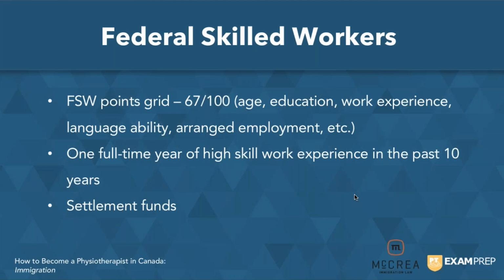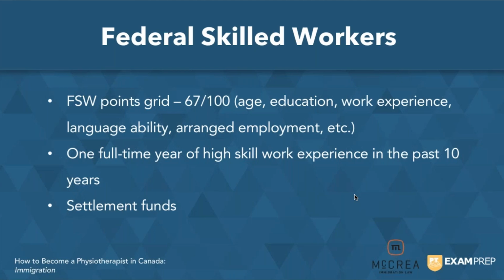And you have to have at least 1 year of full-time high-skill work experience somewhere in the world, doesn't matter where, in the last 10 years and meet settlement funds requirements. And their points grid is based on age, education, work experience, language ability, arranged employment, and a couple of other adaptability factors.